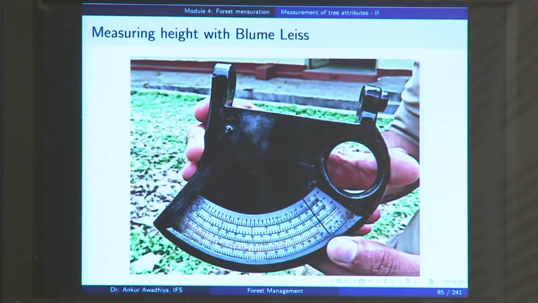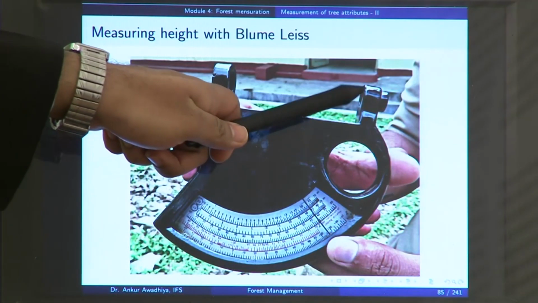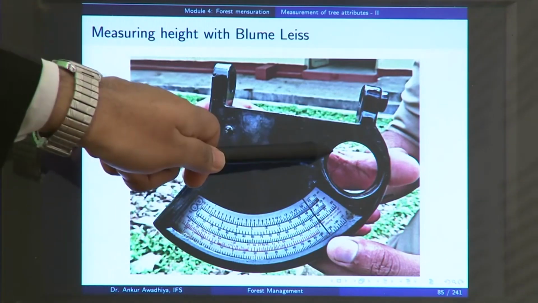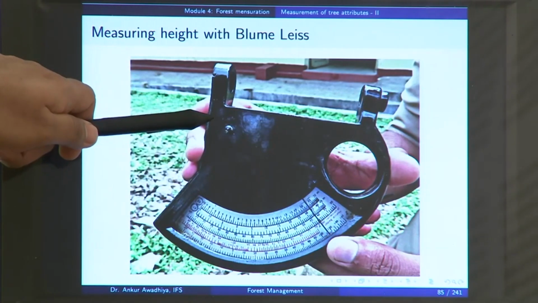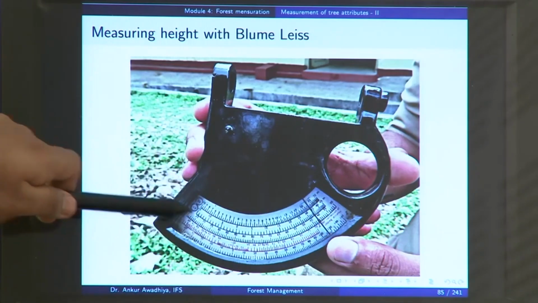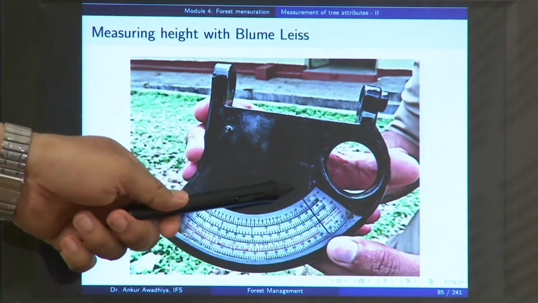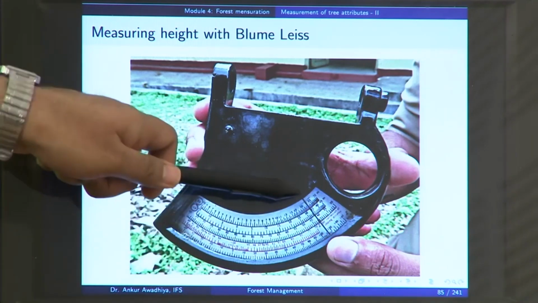Now, a Abney level is an instrument in which here you have an eyepiece, here you have the objective, you keep your thumb here, here you have a button, and here you have the scales. What happens in the case of this instrument is that when you release the button, this counter has a weight and it always comes down.